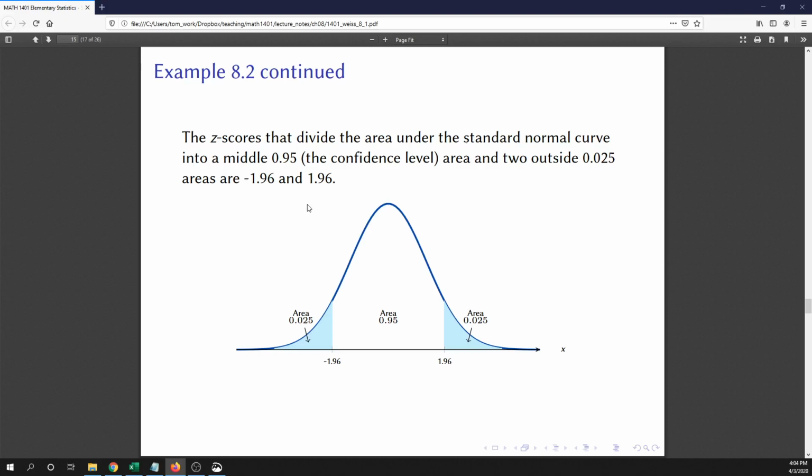The left one is minus 1.96, and over here we would get 1.96. Those are the z-scores that trap an area of 0.95 in the middle, and that's what we want, because that's our confidence level. So we find those z-scores.